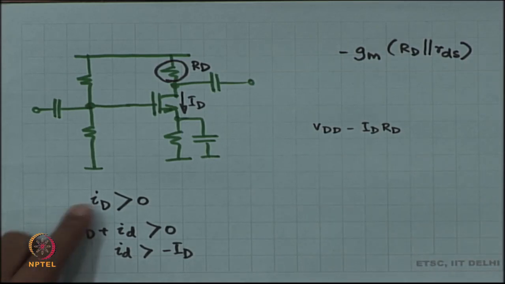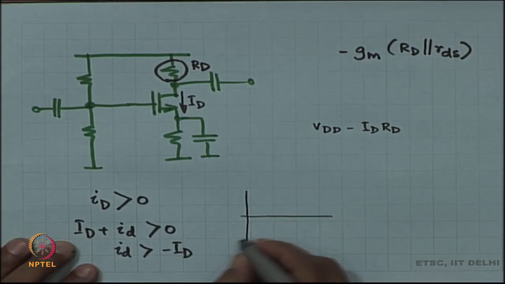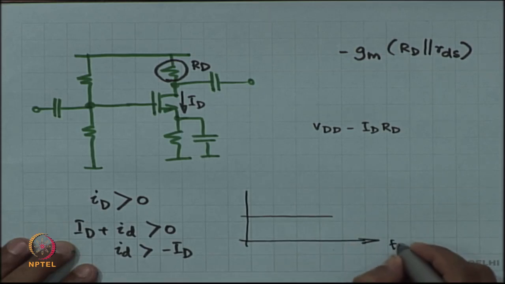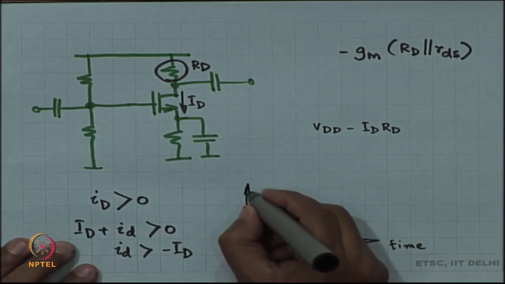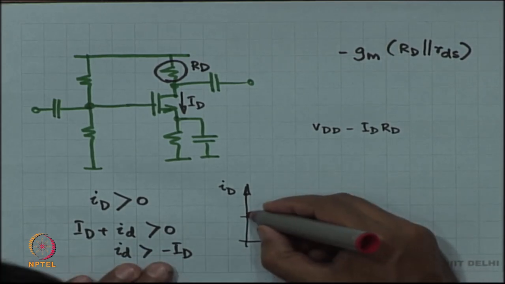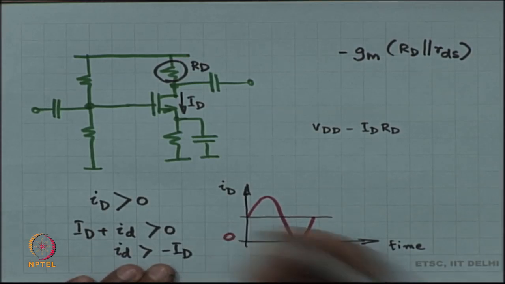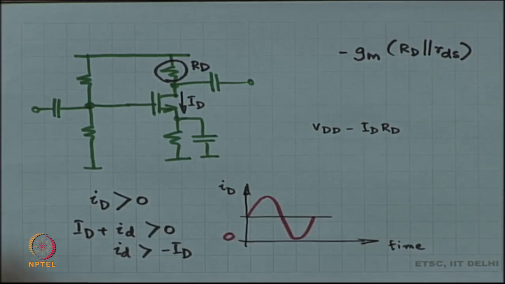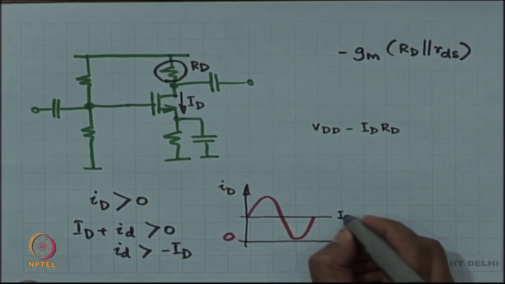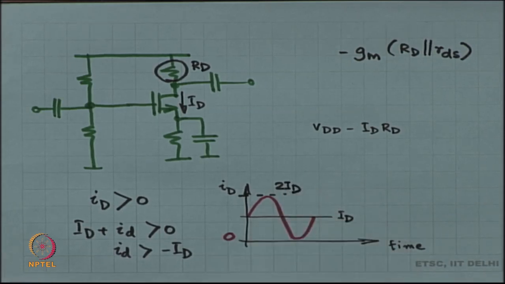What is the minimum value? Minimum value is 0. If the minimum value is 0, and it is riding on top of capital ID, then the peak value is 2 times ID, is not it? Yes? Okay.